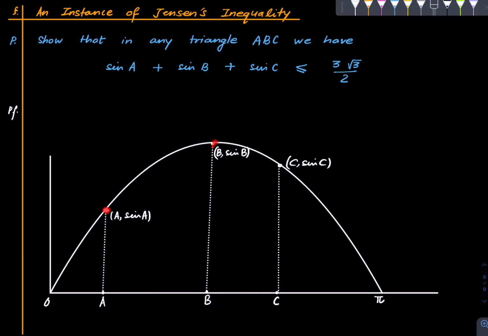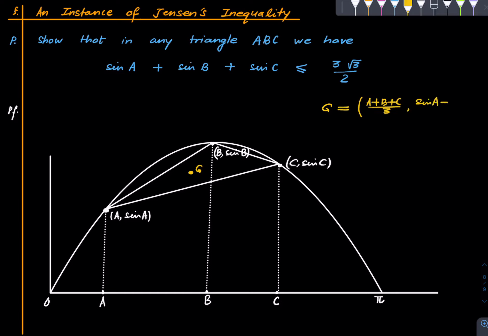Okay, so these are some 3 points, and now let's make the triangle. And somewhere inside will be the centroid. So let's say the centroid is maybe somewhere here. This is the centroid, and we know the coordinates of the centroid, so the point G is ((a plus b plus c) by 3, (sine a plus sine b plus sine c) by 3).